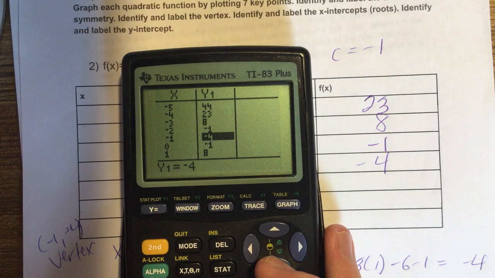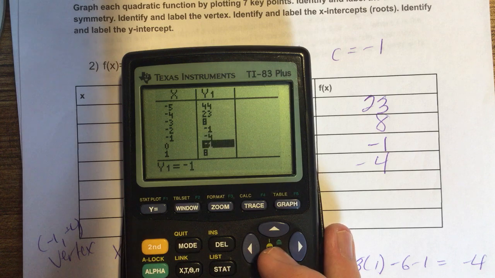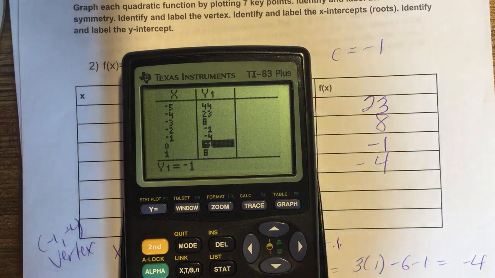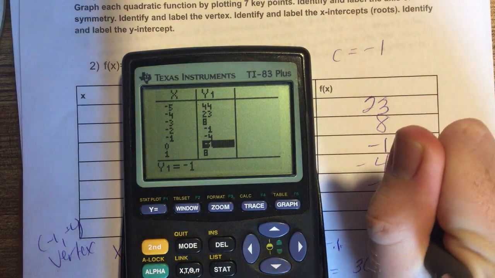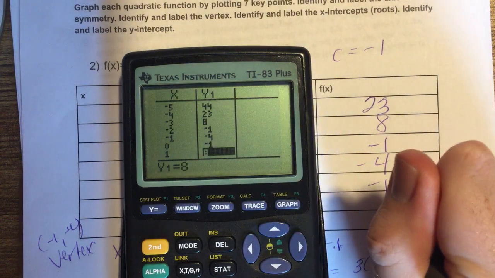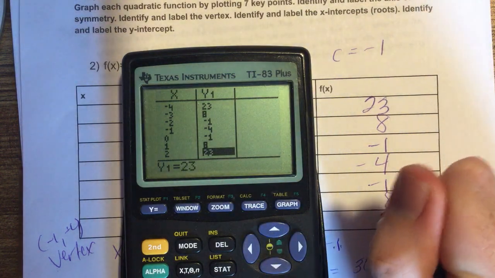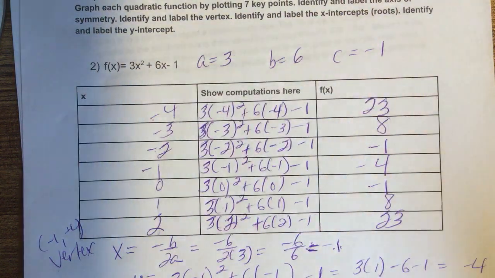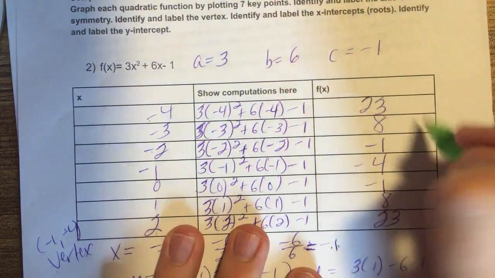When x is negative 1, y is negative 4. We knew that already from our vertex. When x is 0, y is negative 1. When x is 1, y is 8. When x is 2, y is back to 23. And if you have chosen your x values carefully, you will notice that there is symmetry in the output values.